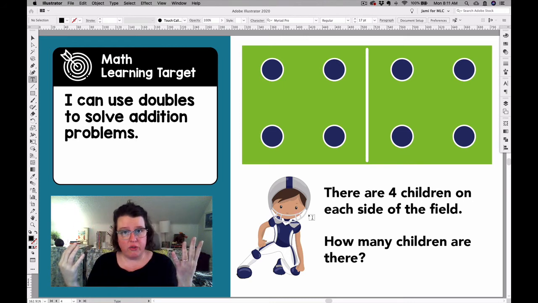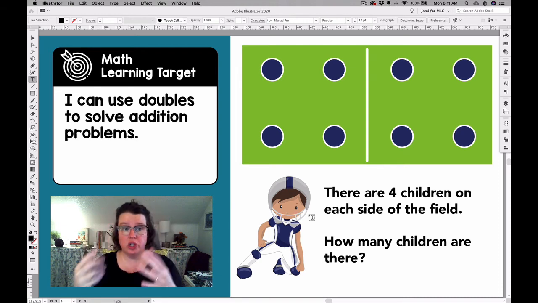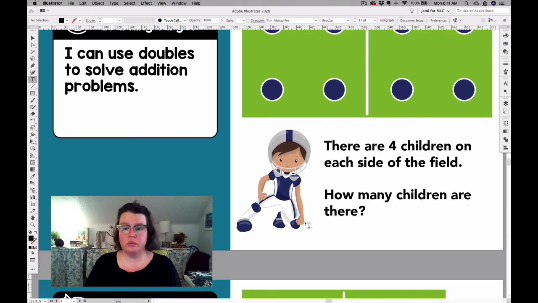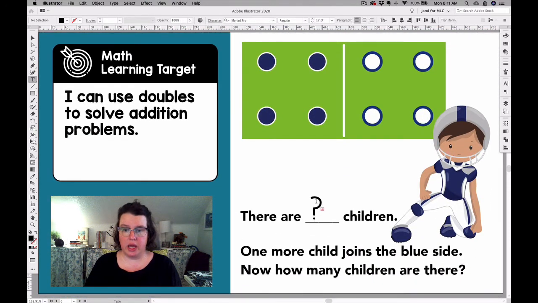What did you decide that 4 plus 4 equals? Let's count really fast. 1, 2, 3, 4, 5, 6, 7, 8. Okay, so we know there are 8 children on the field altogether.